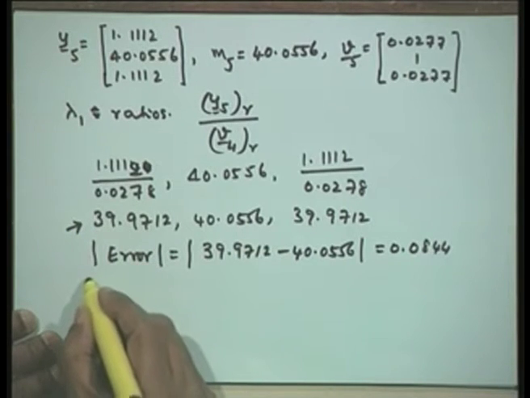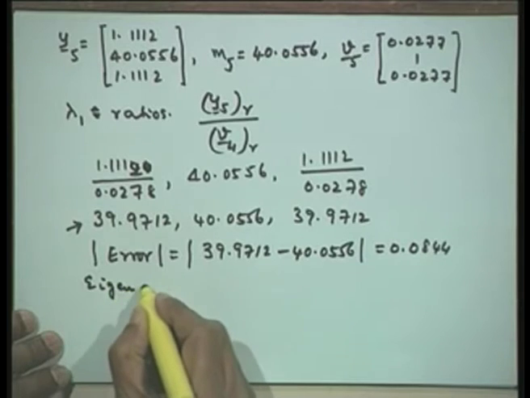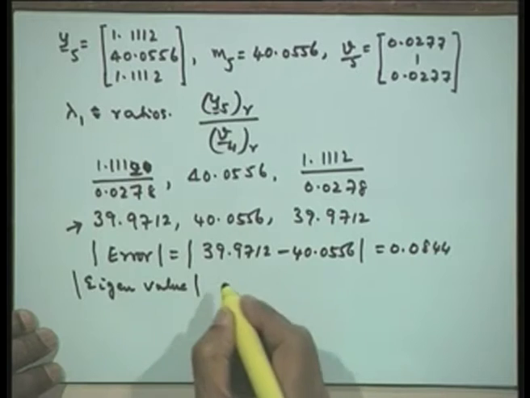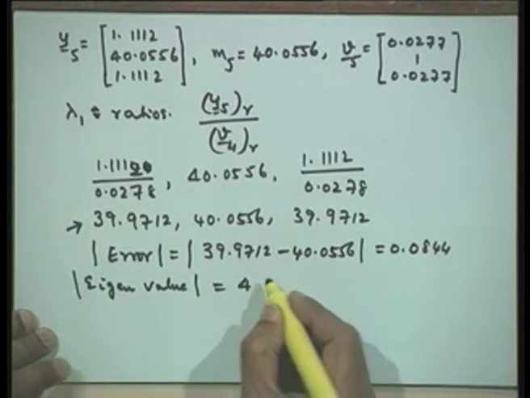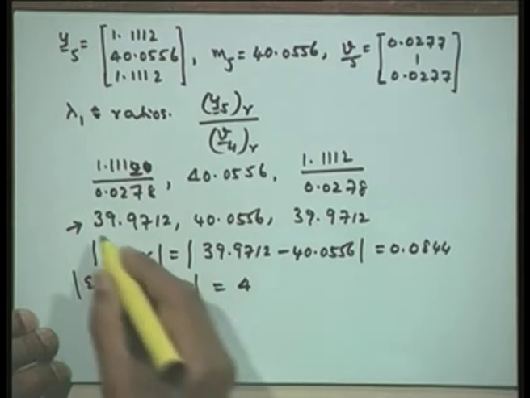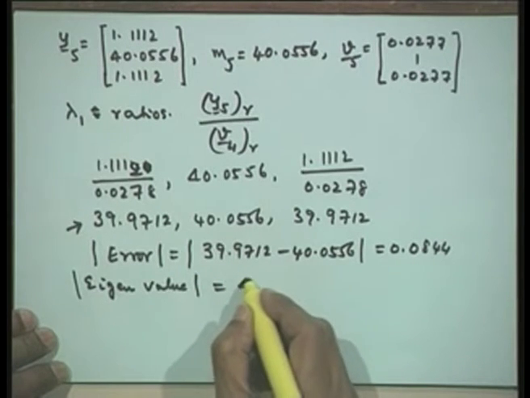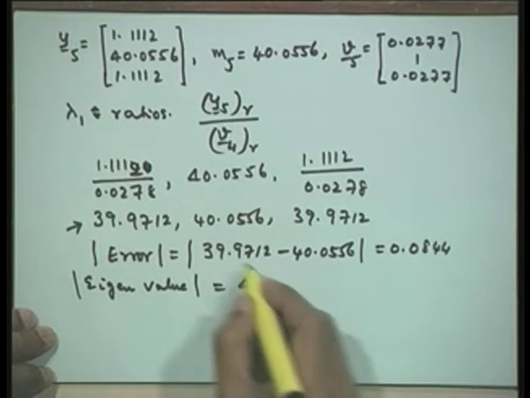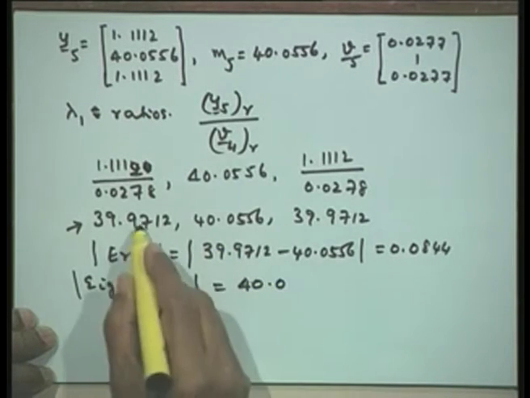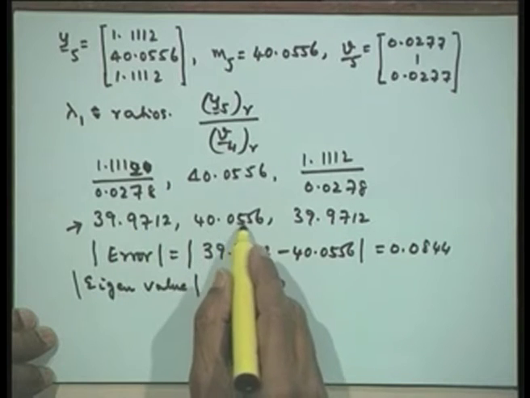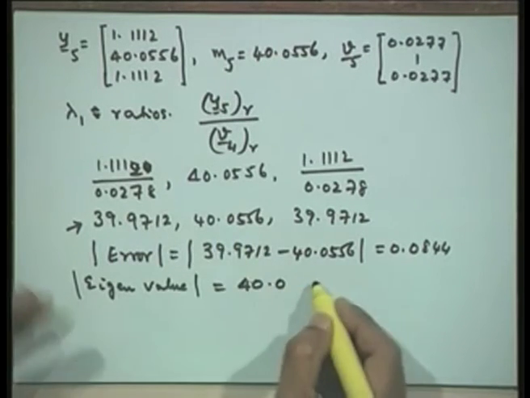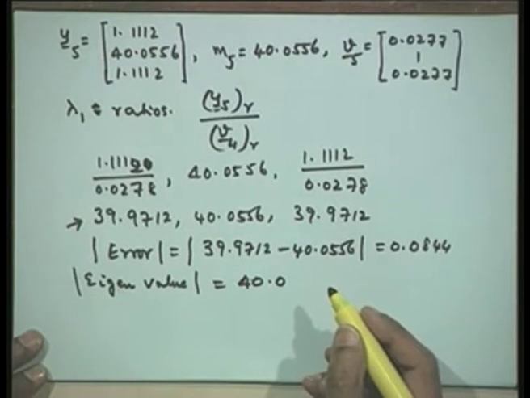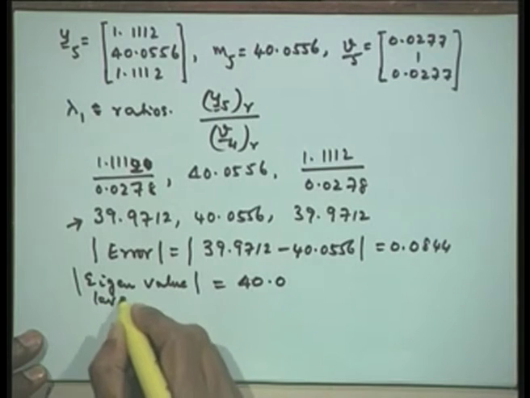Therefore, the largest eigenvalue in magnitude is equal to, if you just round it off to one digit, it is going to be 39 point this, or we just take it as 40. We can just round it off to one decimal place. So, that will be 40.0 can be taken there. This is of course the largest eigenvalue.